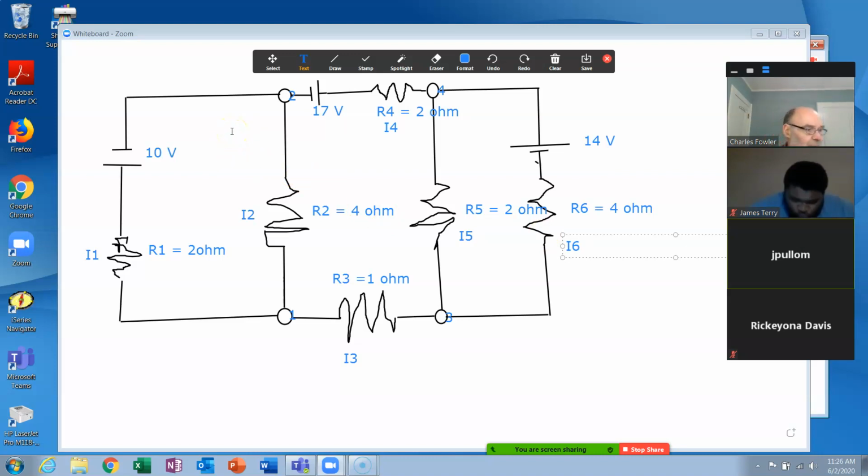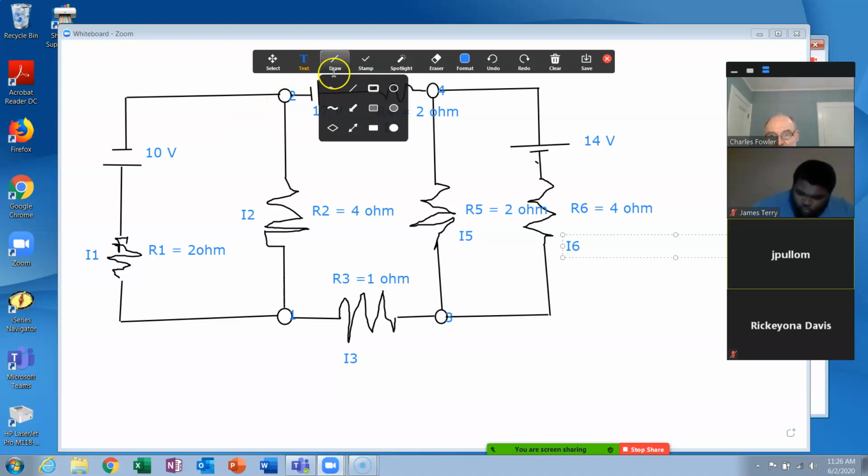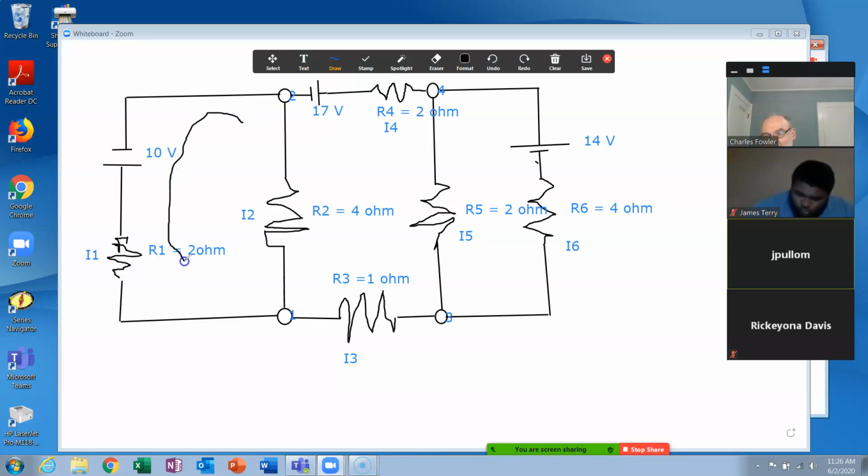I need to draw a path here. And this is going to be really fun. I need to go back to my draw screen. And we're going to assume that the first loop here is going in that direction, okay? And this is what they call path 1. I like to call it loop 1, but it doesn't matter.